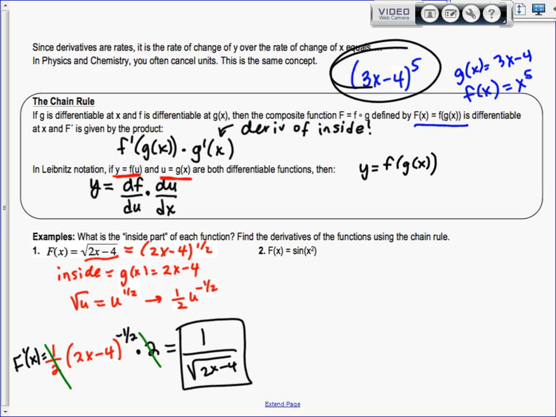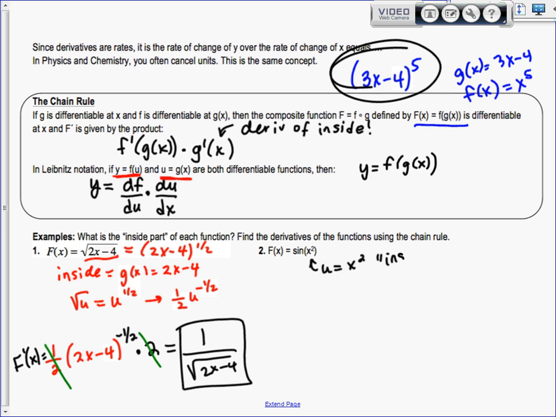All right, so don't write out all that complicated mumbo jumbo. You don't have to write out inside g of x is equal to this. Just remember the rule. If it's not a variable, if it's not just plain u or x or whatever, you have to do the derivative of the inside. So right now I have sine of x squared. That's your inside part. That's your u.